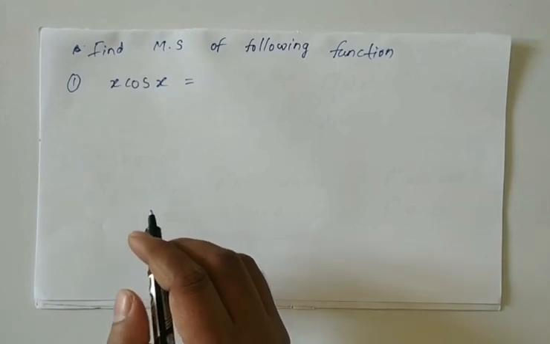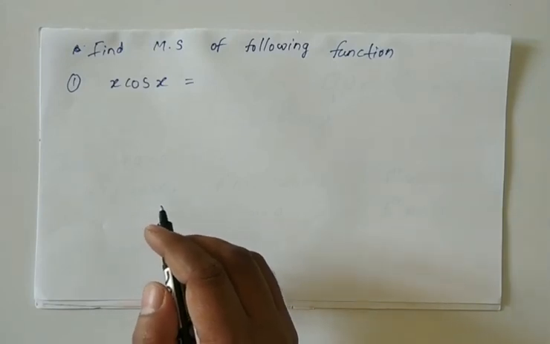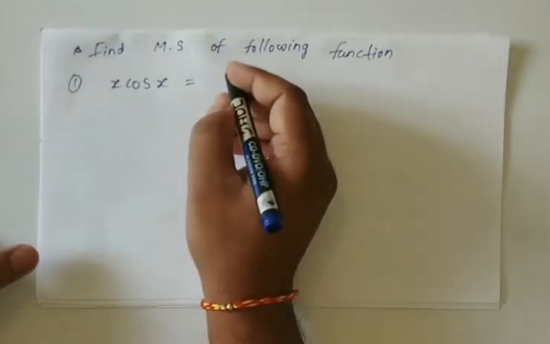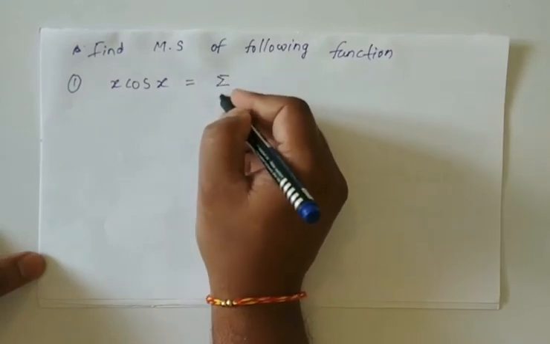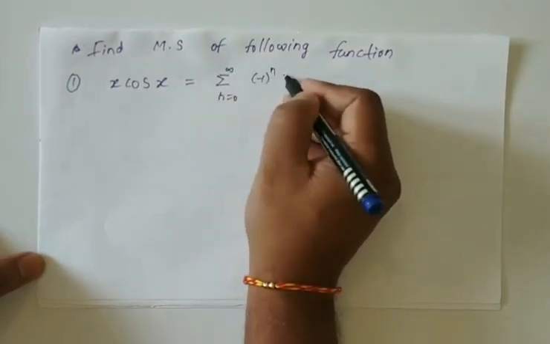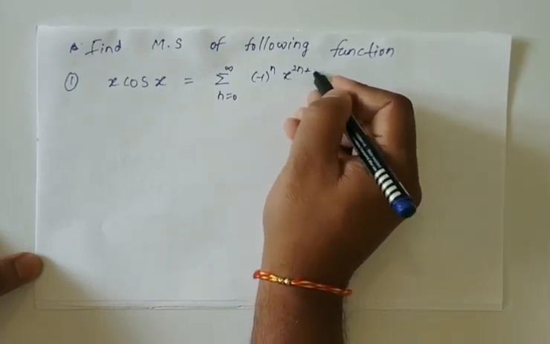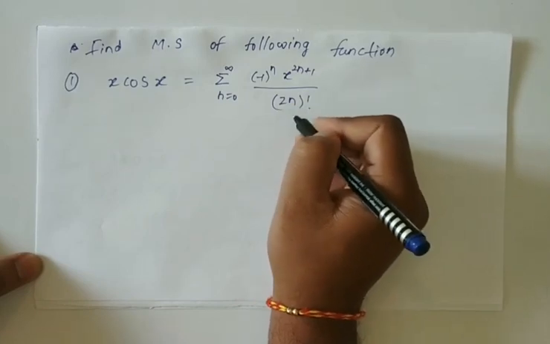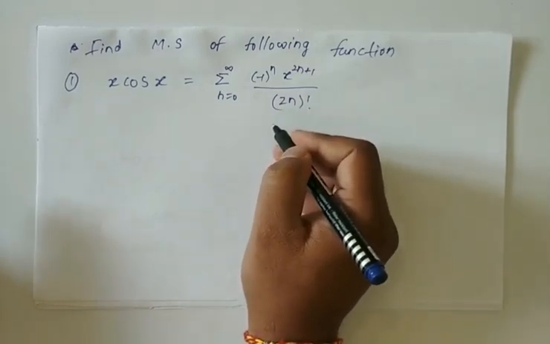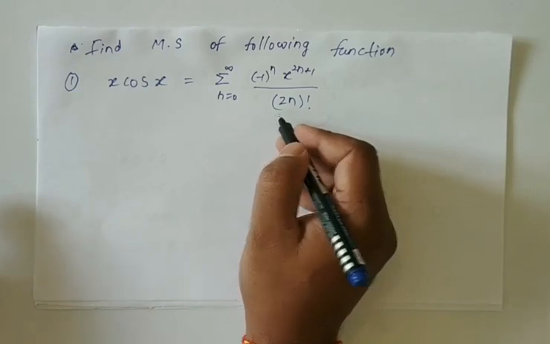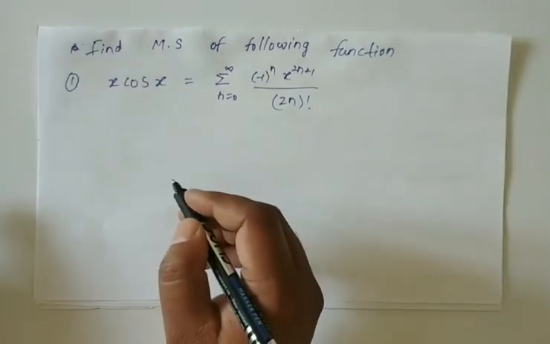So here for finding Maclaurin series for x cos x, you just have to multiply x with the Maclaurin series for cos x. So here what is answer? Summation n is equal to 0 to infinity, minus 1 whole power n, x power 2n plus 1 by 2n factorial. Okay, so this is the answer. This is the Maclaurin series or Taylor series of the function x cos x at a is equal to 0.